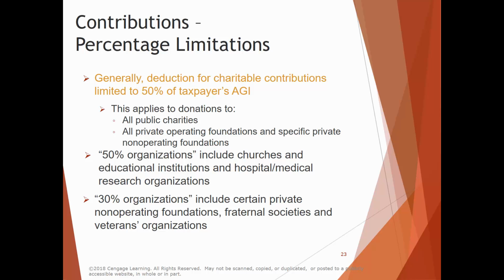It's our church, our synagogue, the youth homes, United Way, Ronald McDonald House, things like that. With 30% organizations, you can only give away 30% of your AGI in any given year. That's things like Kiwanis, Rotary and the Lions, and they're called non-operating foundations.